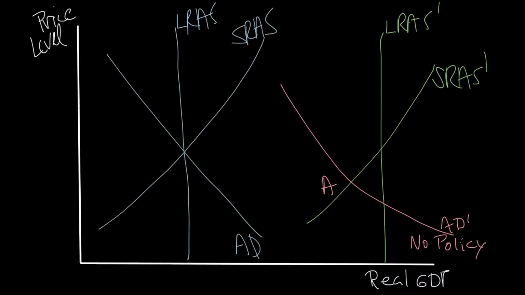And so the idea here, this is going to be our perfected monetary policy, is that the Federal Reserve will know that here we are starting, and this is the world we're heading to, and we don't want to be at point A. We really would prefer to be at this lovely point right here, point B. And so seeing the world is going to just leave us at A, the Federal Reserve would conduct expansionary monetary policy and hopefully do so in such a way that we actually end up at AD prime, I guess, with monetary policy. And so they don't allow point A to happen.